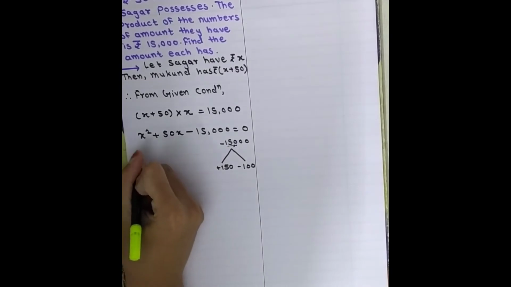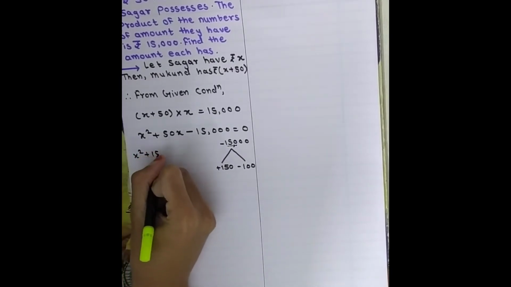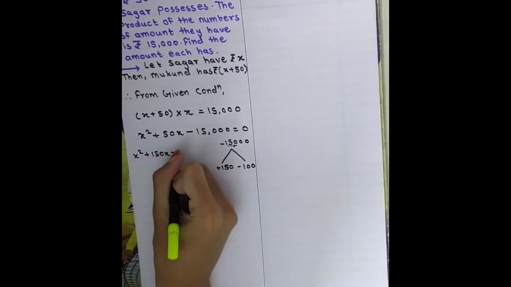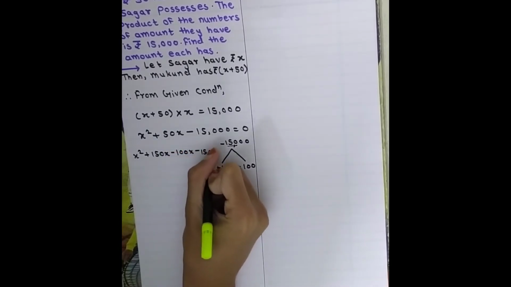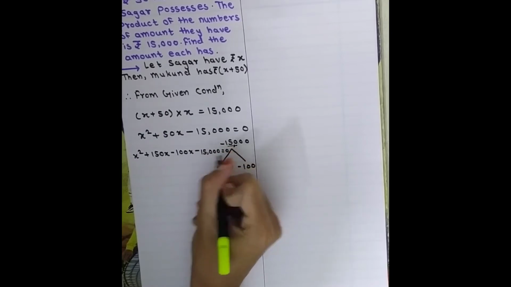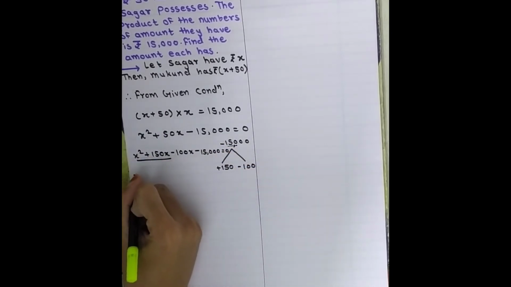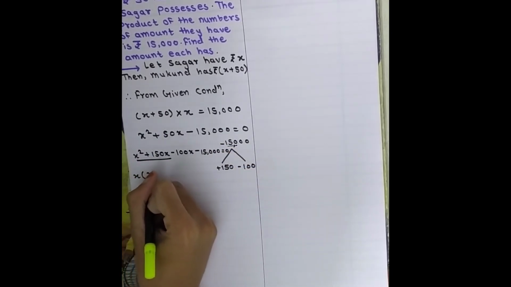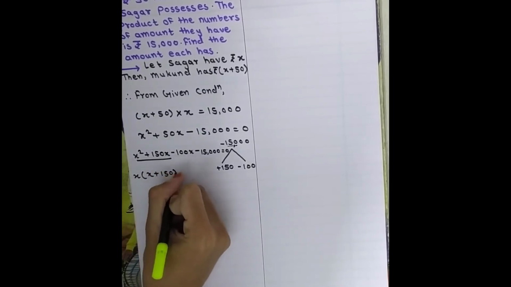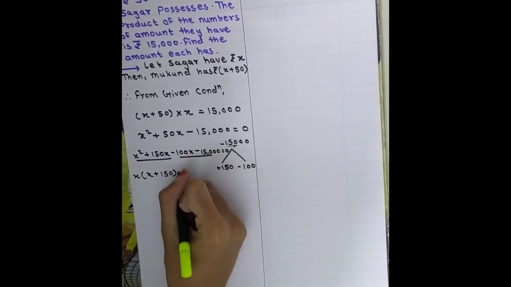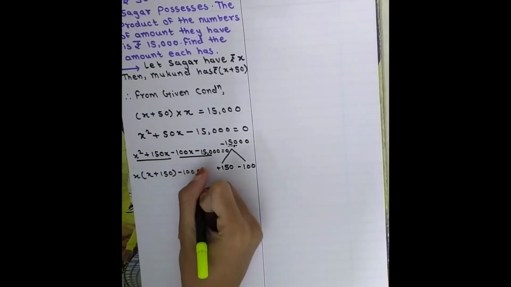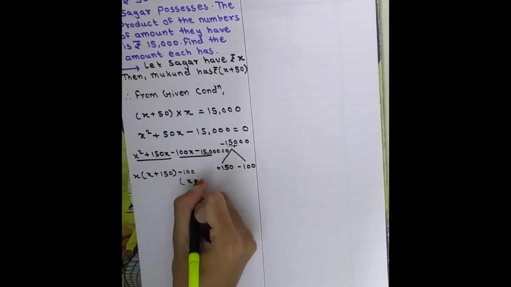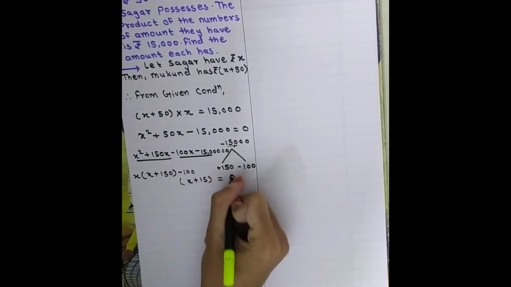Next is x square plus 150x minus 100x minus 15,000 is equal to 0. So from these two, x is common and in the bracket x plus 150, and from these two, 100 is common and in another bracket x plus 150 is equal to 0.